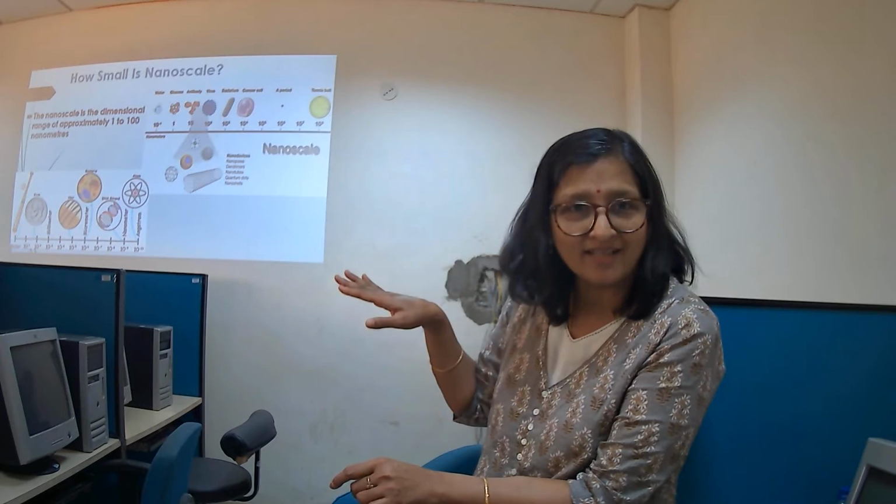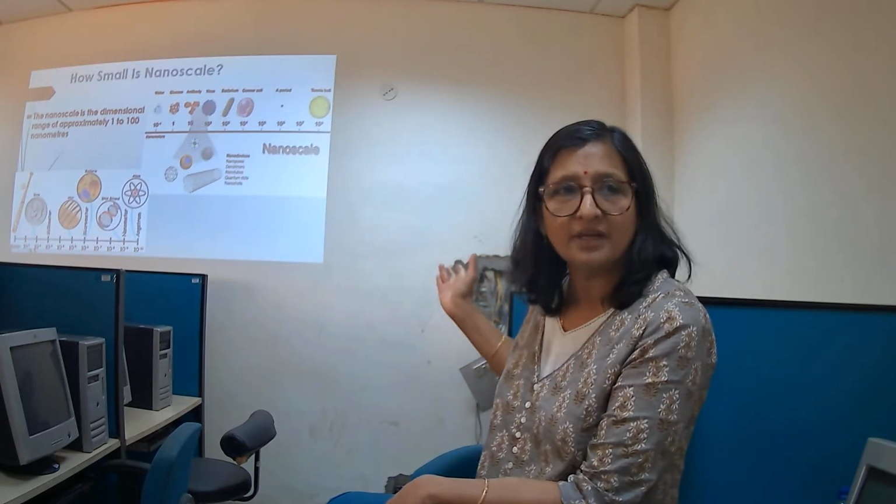Whereas the size of glucose is below this, and the size of bacteria is more than this, like 1000 nanometers. Clear? So I have shown you a comparison of size with other things, the smaller range as well as the bigger range.